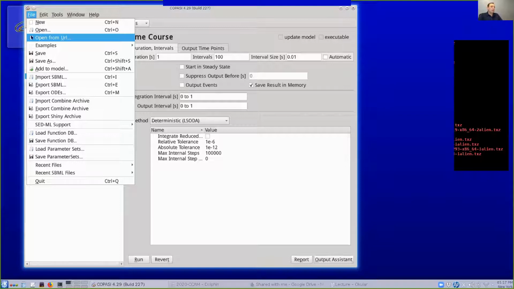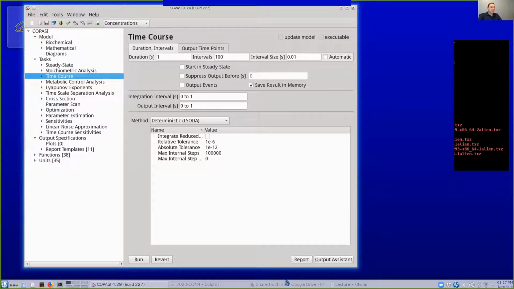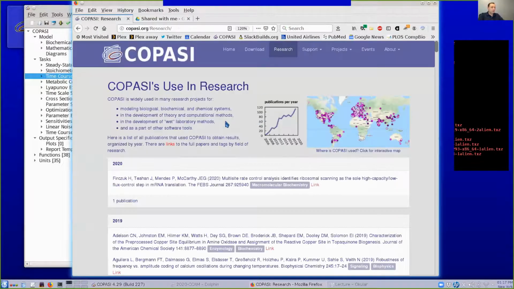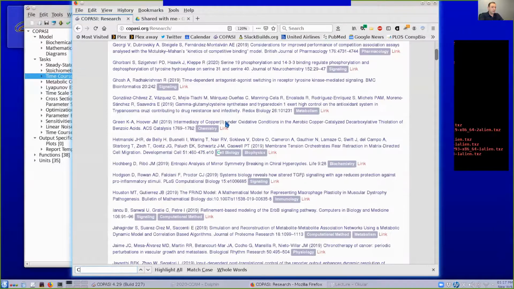So in this case, I want to open a model from the BioModels database. And it is a model that used COPASI. It's actually one of those that are on the list, which I will show in a second. So I can search and I know the author name.